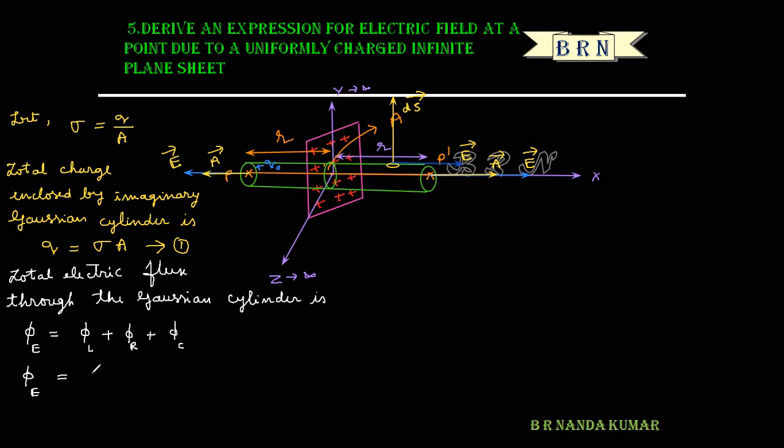Flux is measured by taking the dot product of two vectors, that is the electric field vector and the area vector. The flux linked with the right flat circular surface is E vector dot A vector, and for the curved surface, here we are choosing just a small surface area.